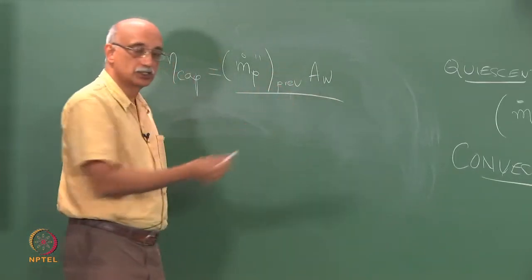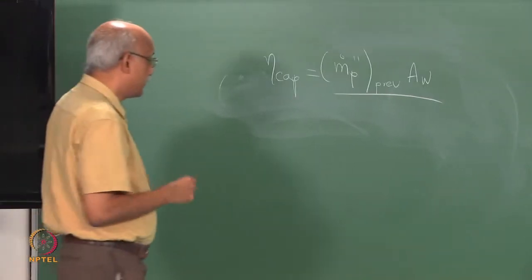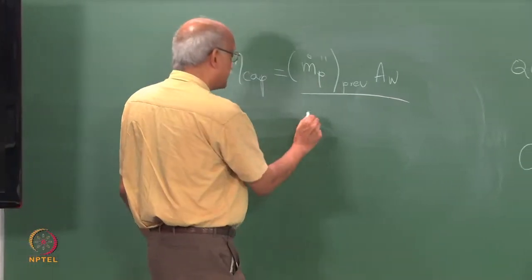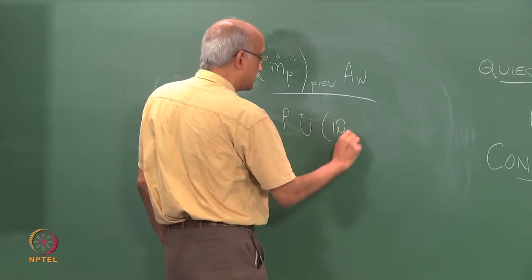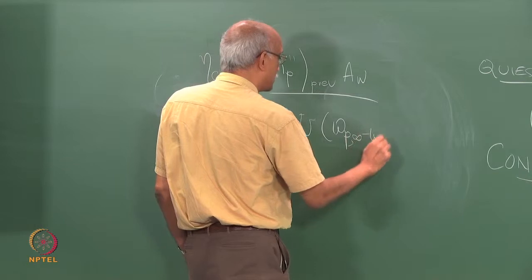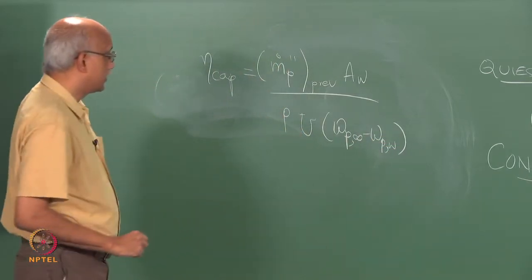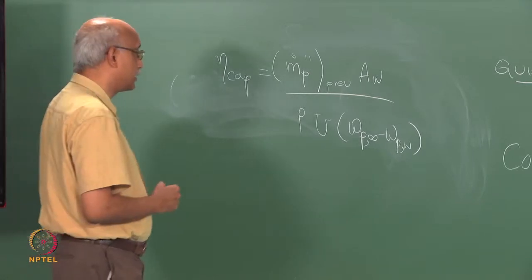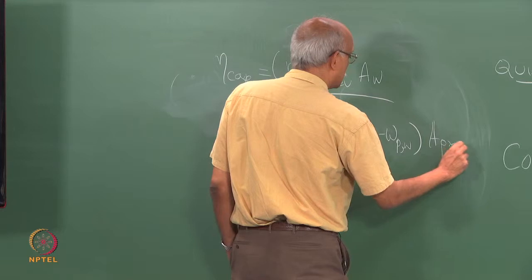This converts it to a rate of accumulation of particles, divided by a reference value, which, if you recall from last time, we had written as rho u times omega p infinity minus omega p w times A projected.